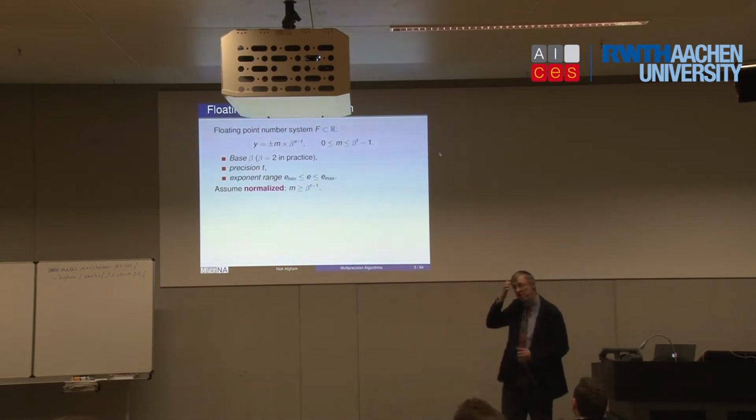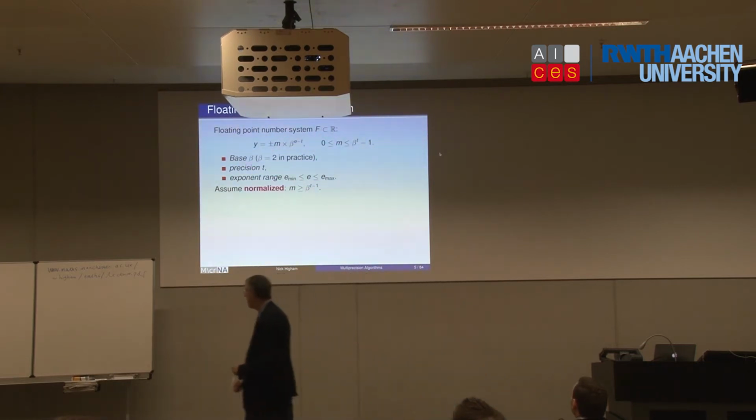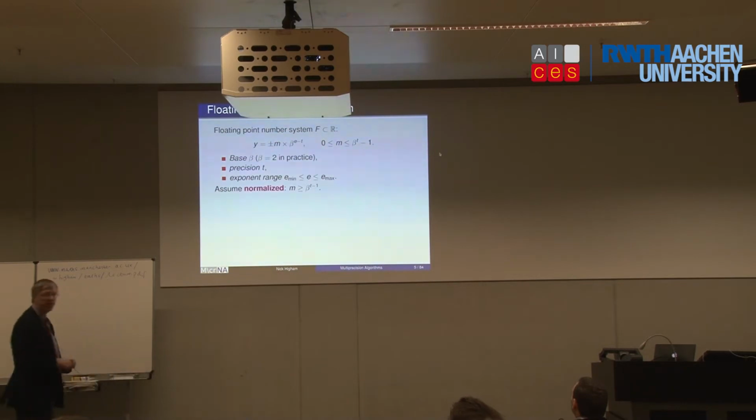There's essentially 2 ways you can write down mathematically such a system. The one I've done on the slide is the less common one. What you probably will see if you look in the textbook is expressions like this. You write down a number as 0.d1 d2 up to dt, where each of these d's is a base beta number.